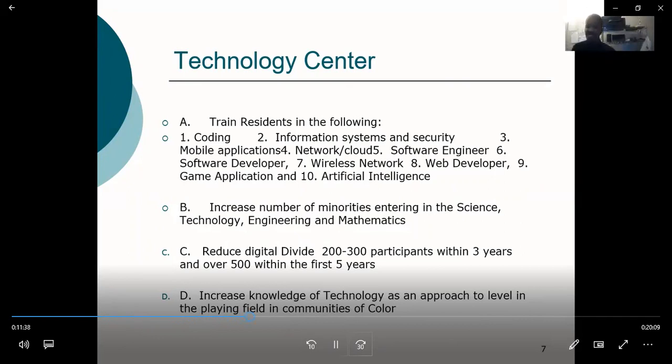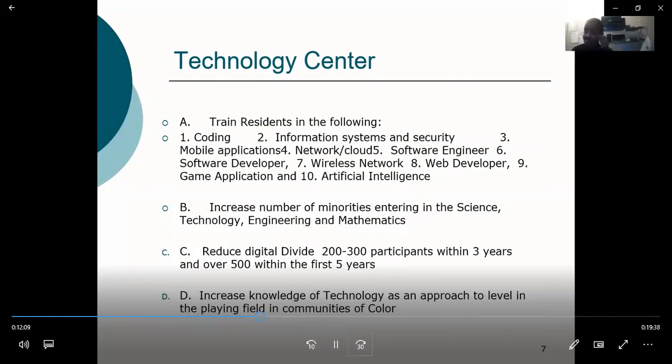The other thing it does is increase the number of African Americans who are going into science, technology, engineering, and mathematics. It also focuses on reducing the digital divide, and more importantly, it focuses on how to use everyday technology, what people don't know about, and how to apply that technology to make their life easier.